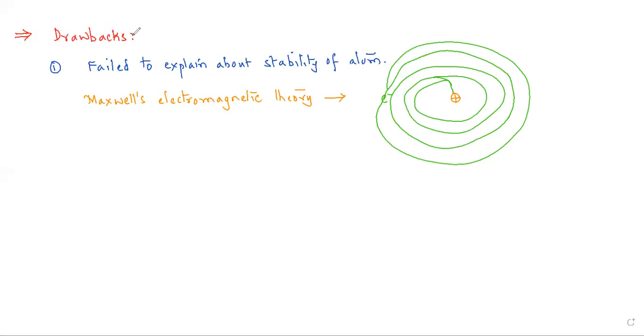This is the problem. Any revolving particle generally loses energy while it is revolving around an object.